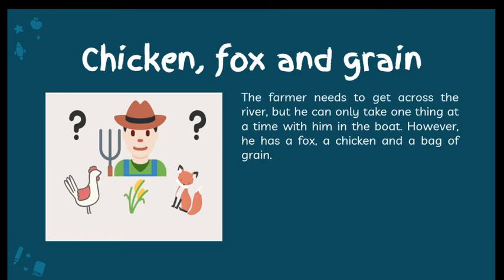The farmer needs to get across the river, but he can only take one thing at a time with him in the boat. However, he has a fox, a chicken, and a bag of grain.